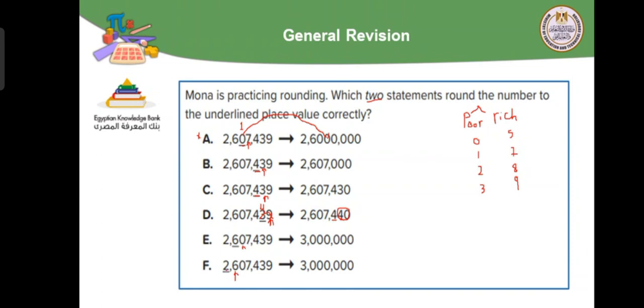So 2 will be 3 and the other digits to the right of digit 2 will be 0. So which two statements are correct? Excellent. What and what? D and F.